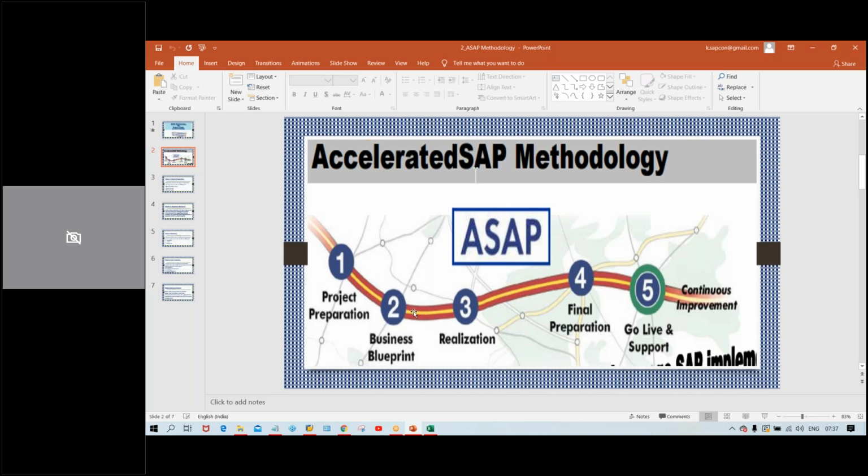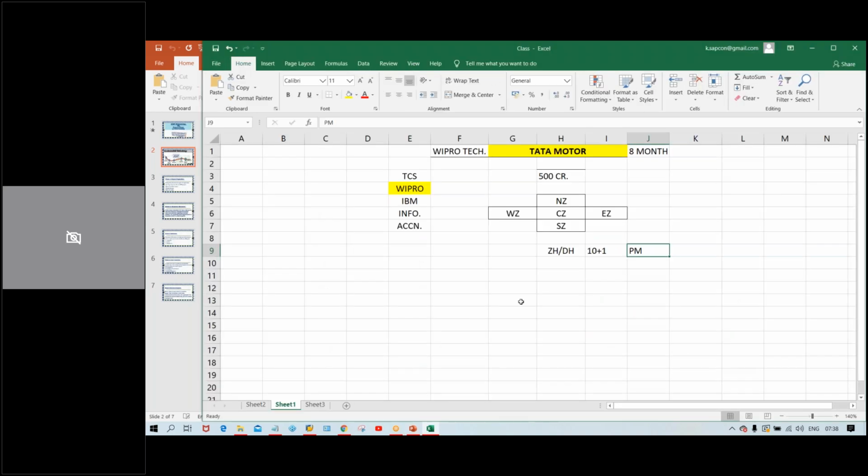SAP has already delivered this ASAP methodology, and for every phase, certain activities are defined, which is also given by SAP itself, that in this phase we must complete these many activities. In the second phase, we must complete these many activities. In the third phase, we must complete these many activities, right? So once the project manager got appointed, the project manager is going to segregate this entire project in certain phases, and for every phase, a certain deadline is going to be decided.